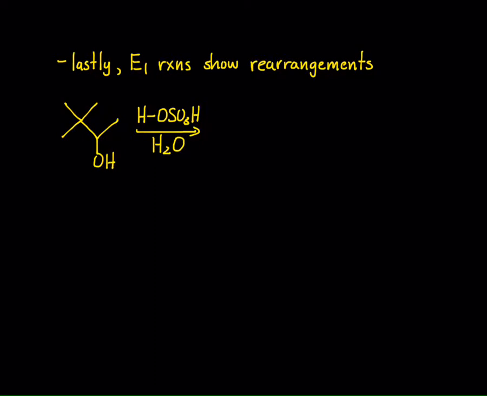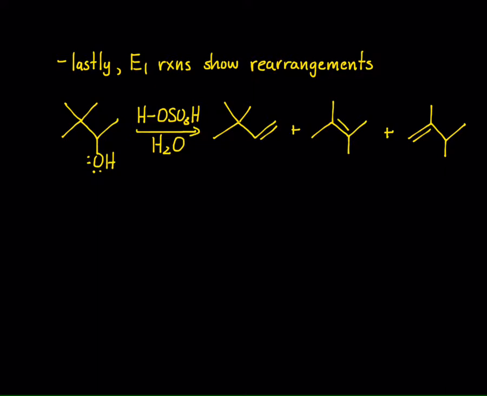So, for example, if I take this secondary alcohol and I run the reaction in sulfuric acid and water, right? We're getting E1 elimination of an alcohol. So what's going to happen? Well, I'm going to get this product, right? So I can get three possible products here in this reaction. These are my three possible products. Now, the first one, obviously, we would expect. And the beta carbon on the right has no hydrogens to remove, so I would expect that to be the only product.